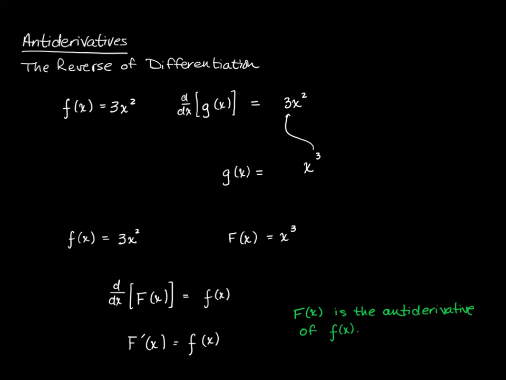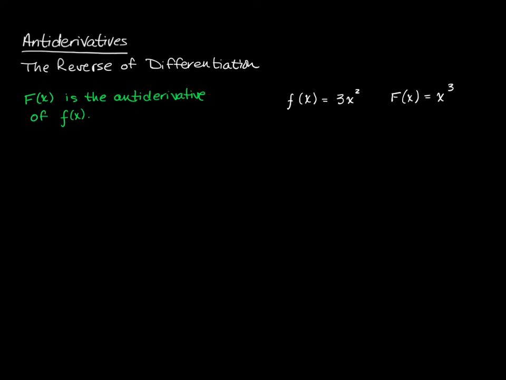There's something we have to be careful of, though. Watch what happens if I take the derivative of big F of x. If big F of x is x cubed, its derivative is 3x squared. But now let's take a look at what happens if I take the derivative of a different function.